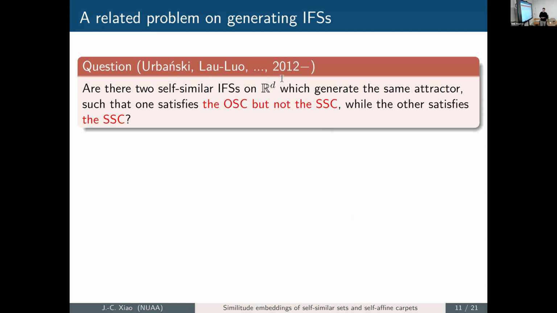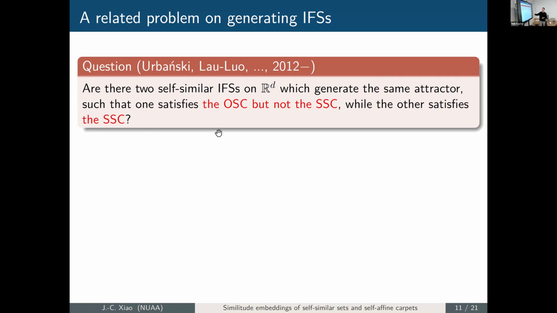They asked a very fundamental question: are there 2 self-similar iterated function systems on Euclidean space which generate the same attractor, but one of these systems satisfies the open set condition but not the strong separation condition, while the other satisfies the strong separation condition?